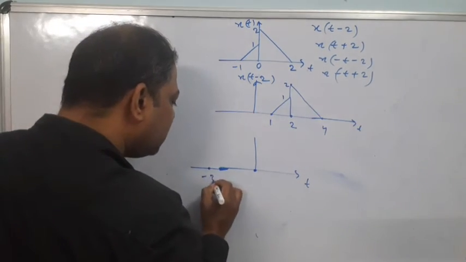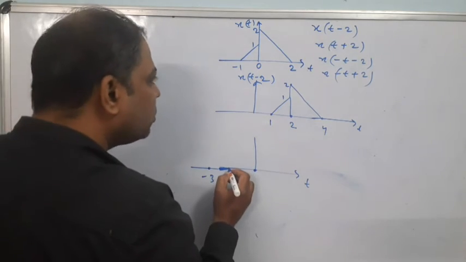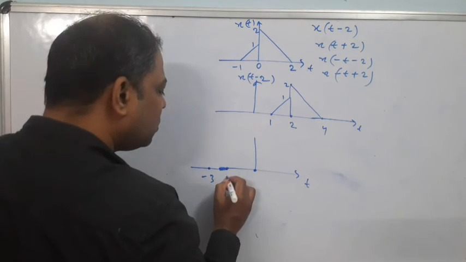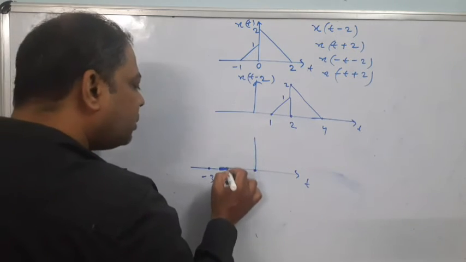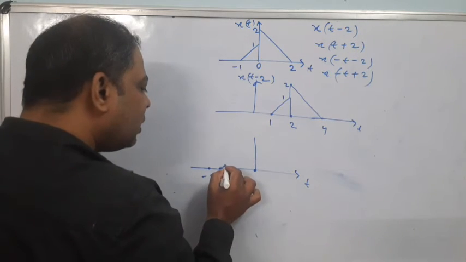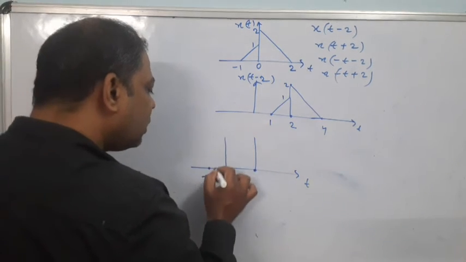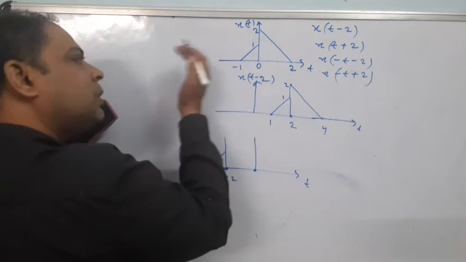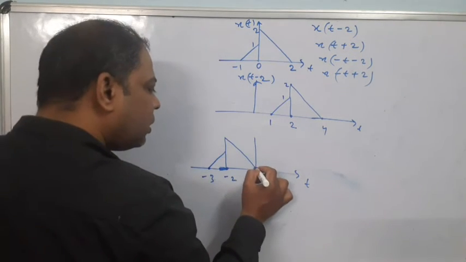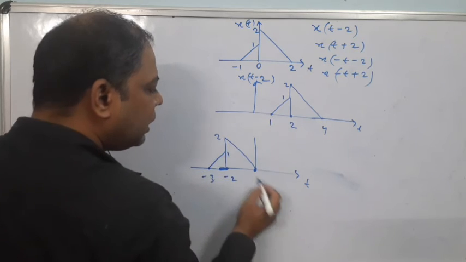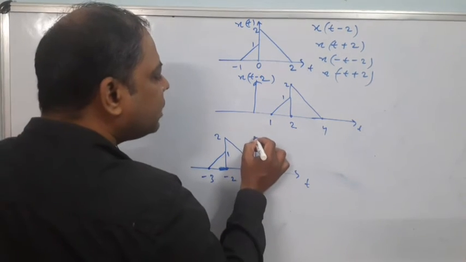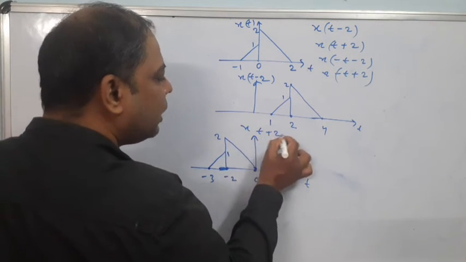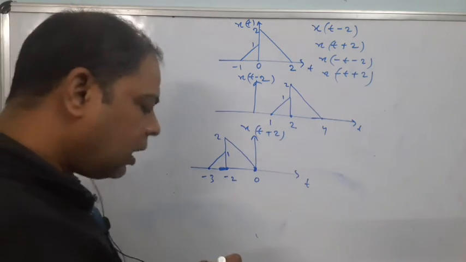This is -3. Then 0 minus 2 is minus 2. The entire figure you have to change. That means where 0 was there, when we shifted this figure, it became this figure. This 1 and this 2 remain the same. This is 0. This is your x of t plus 2. Try to understand. Very simple. x of t plus 2.